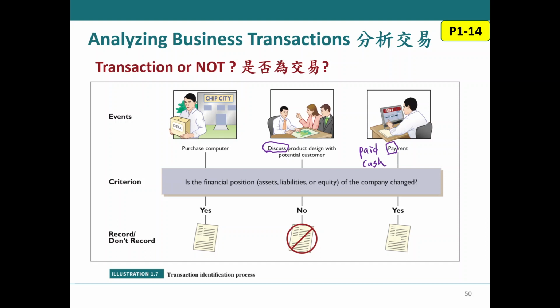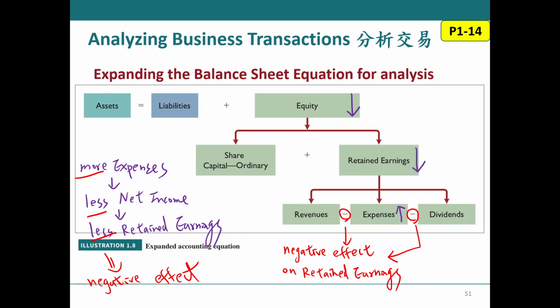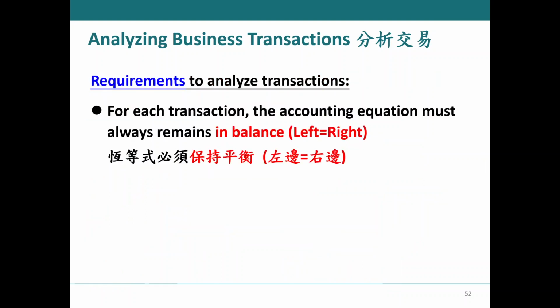Is it a transaction? No, it's not. Interview, do you need to pay money? No. Do you get money? No, just talk. So it's the same as a discussion. So it's not a transaction. Do we need to record it? No, we don't need to. So that's the first thing: find out if it is a transaction or not. After that, we will use the formula to help us do the first activity, identify and analyze transactions.